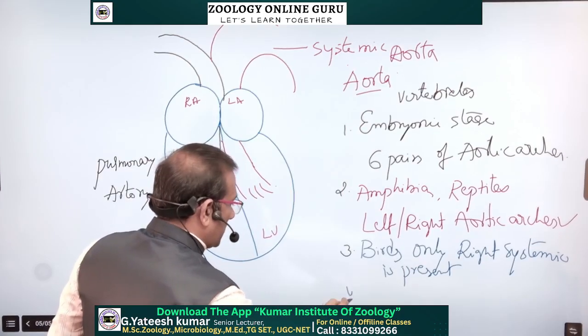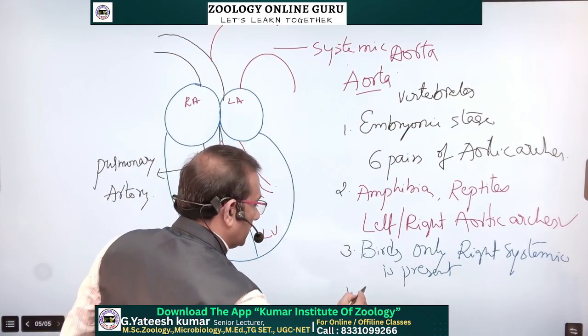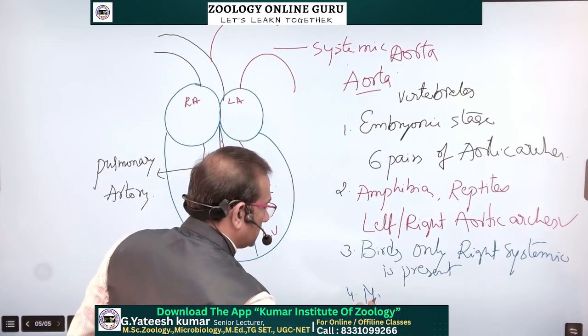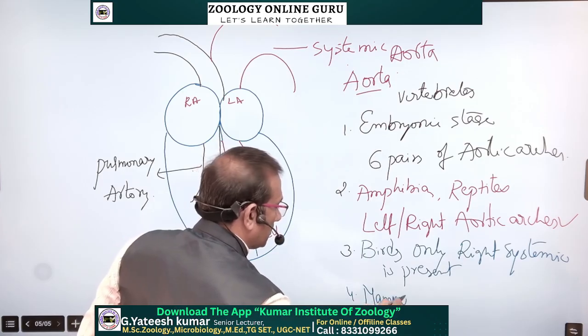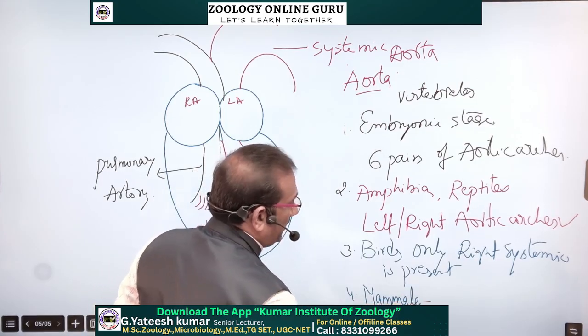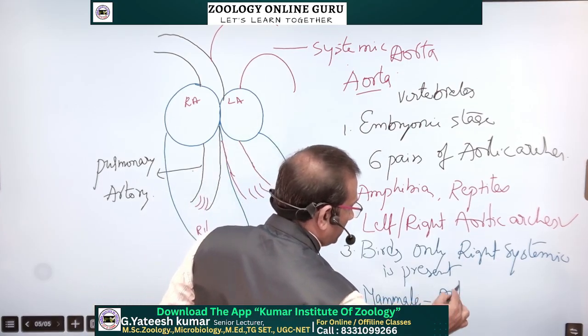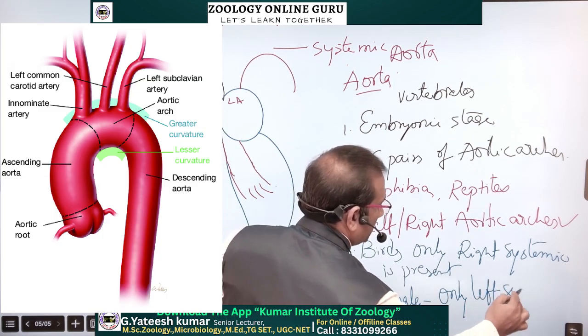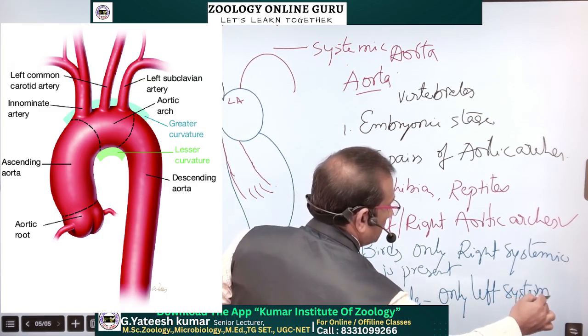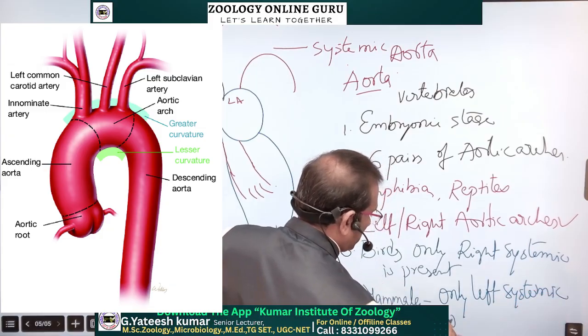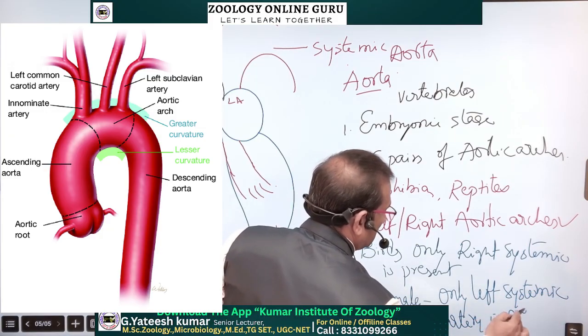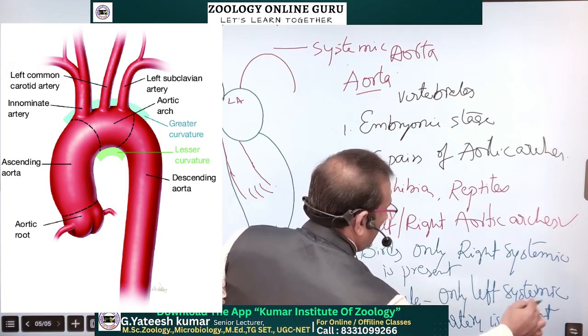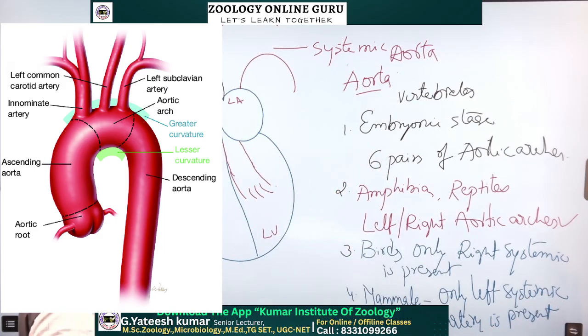And lastly, in our body, in the mammals, in the human body, only the left systemic artery is present.